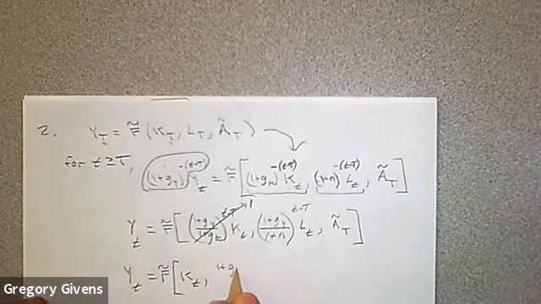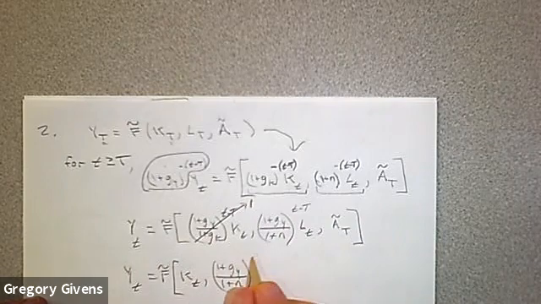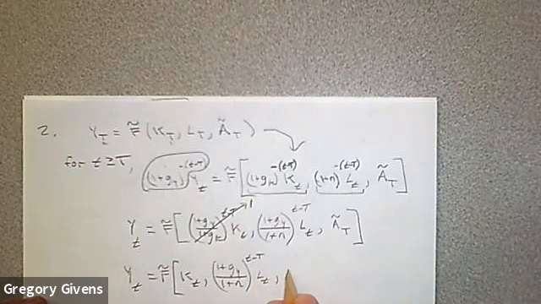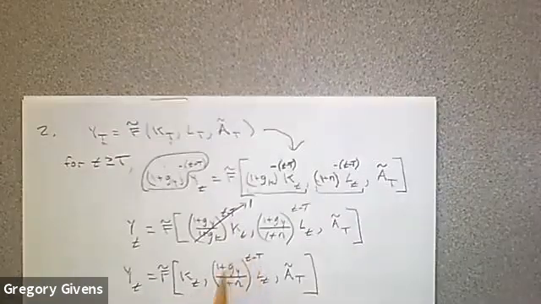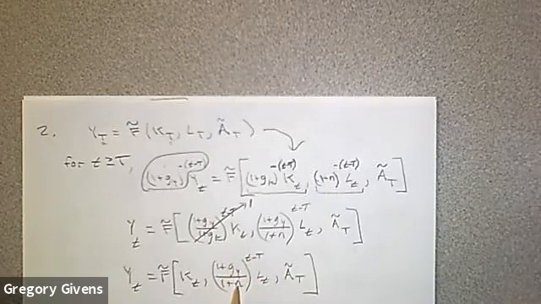Isn't this looking nicer? You can write y_t as a function of k_t and something times l_t. That something to me looks like labor augmenting technology.